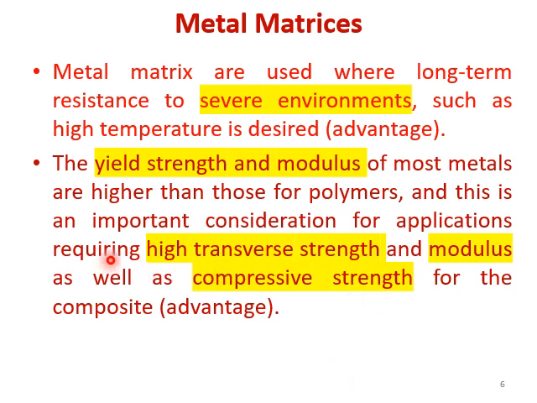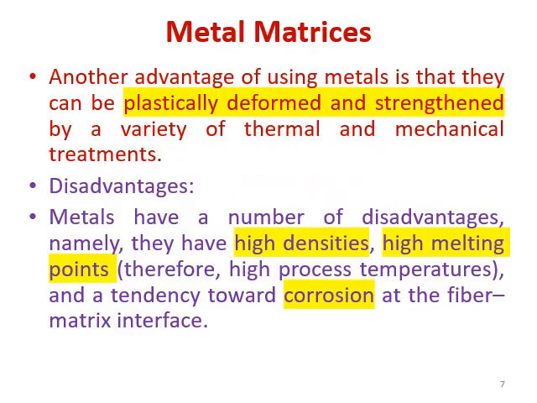So because of the isotropic properties of metals, that composite will have a higher transverse strength and modulus, as well as a higher compressive strength and modulus, right? The yield strength and modulus of most metals are higher than those for polymers. As compared to polymer matrix composite, the yield strength and modulus of the metals are higher, and this becomes an important criterion for applications in which you require high transverse strength and modulus as well as high compressive strength and modulus. So this is again an advantage of metal matrix.